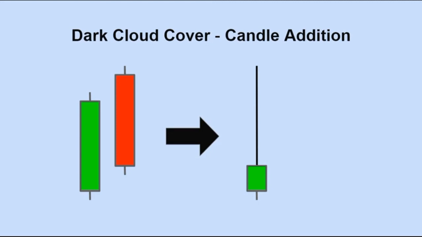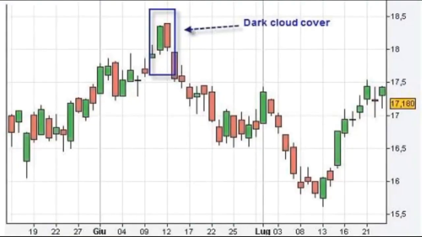So if you're looking at a price action and you want to know who's in control, the bulls or bears, use the process of candlestick addition, and this way you can see what insight that gives you.